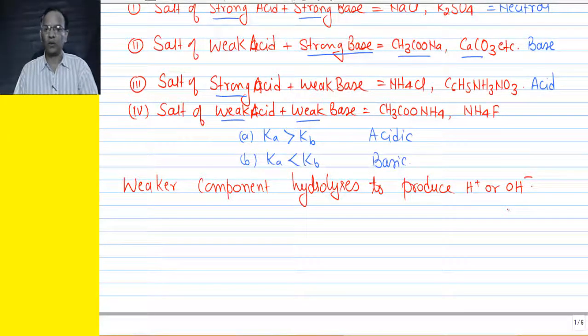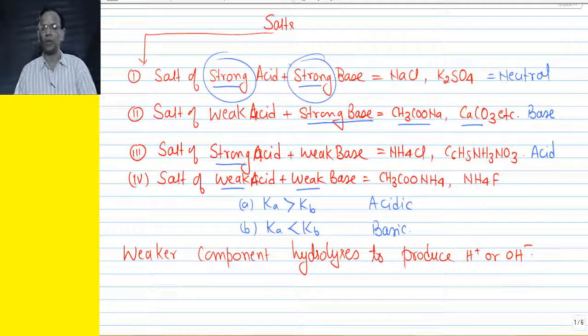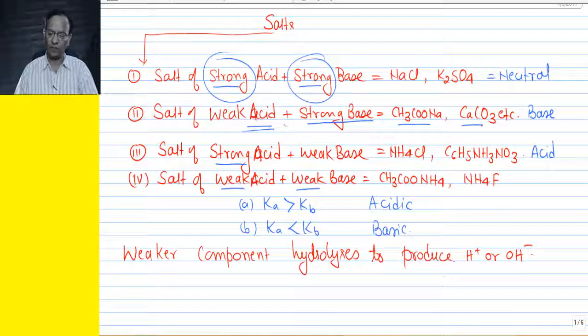In case of salt of the first category, there will be no hydrolysis since there is no weaker component. In the second category, the component from acid will hydrolyze since acid is weak. In the third category, the component from base will hydrolyze since base is weak. In the fourth category, both are weak, so both acidic and basic components will hydrolyze.